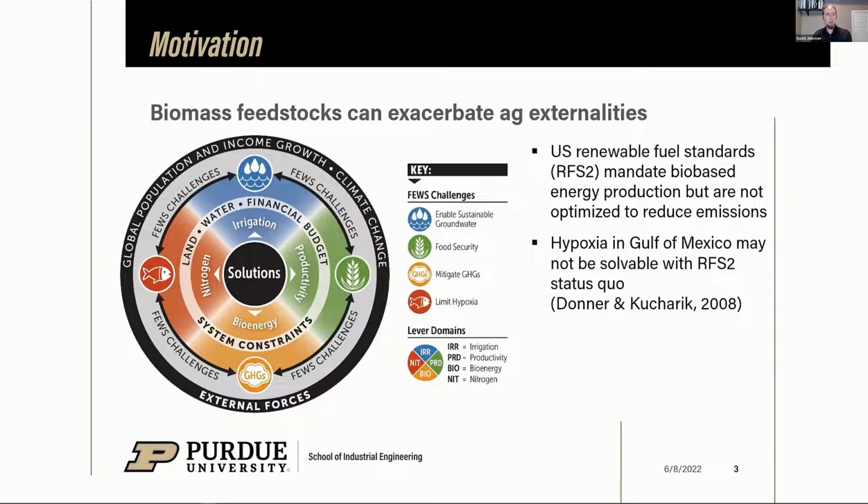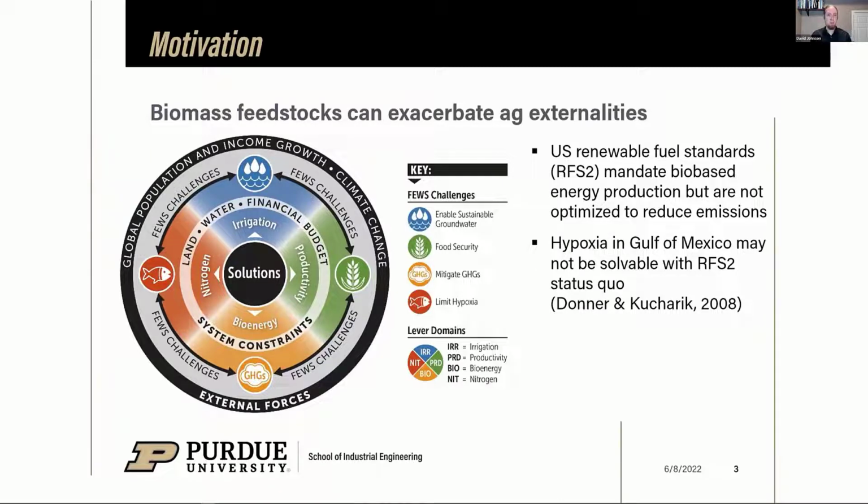So all of these different food, energy, water nexus outcomes associated with ag production are linked together. Particularly if we're focusing on biofuels, the US renewable fuel standards that mandate production of corn starch-based ethanol and other advanced biofuels, they mandate production, but they're not optimized to reduce greenhouse gas emissions.